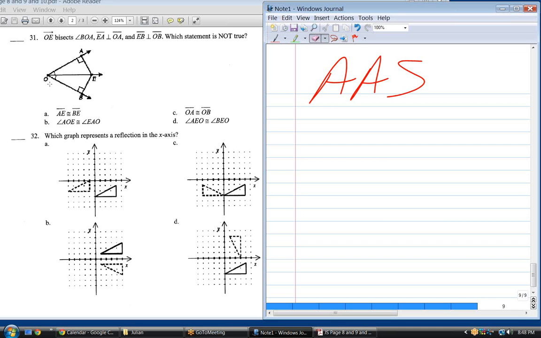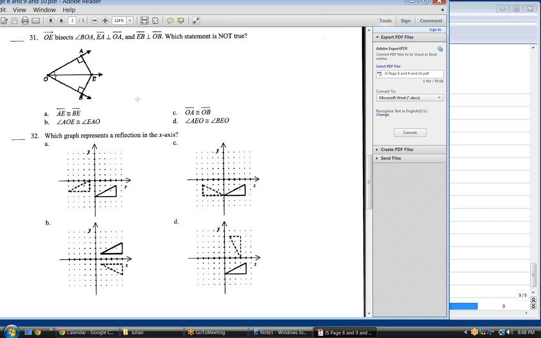AOE is congruent to... I read B wrong. AOE is this little angle with the hash mark, but EAO is that right angle. So it's B. I read that as EOA, and it's EAO.